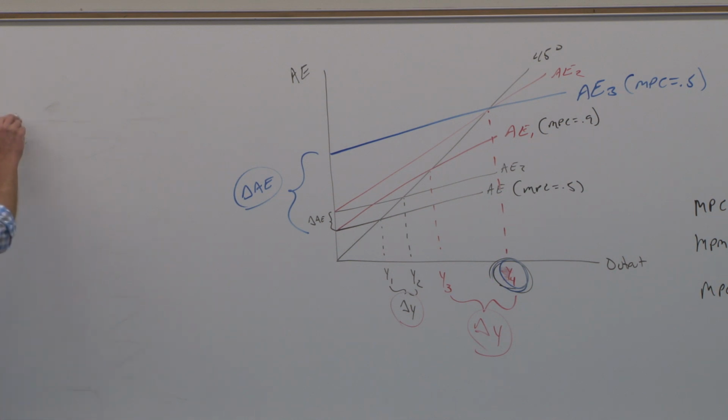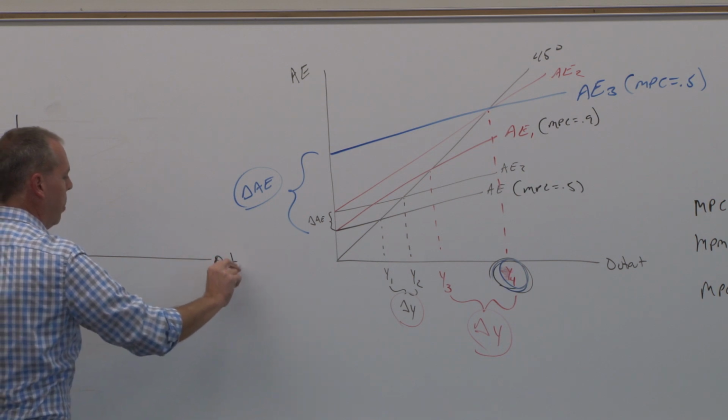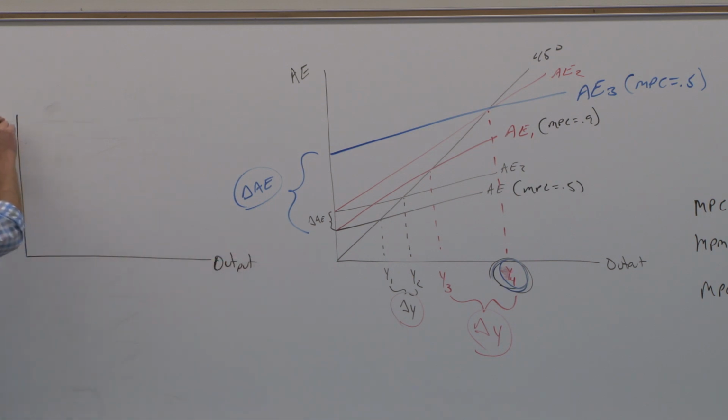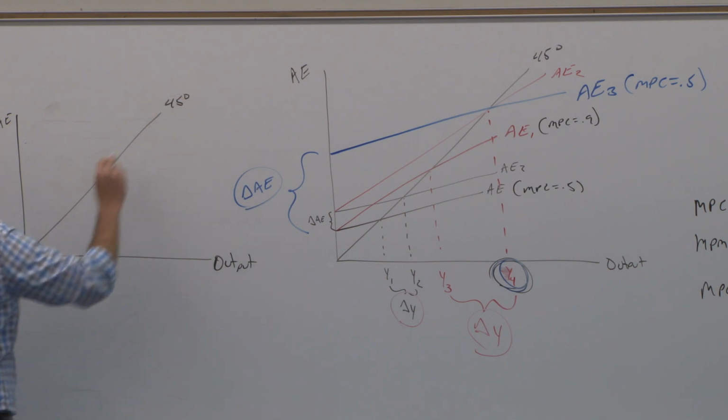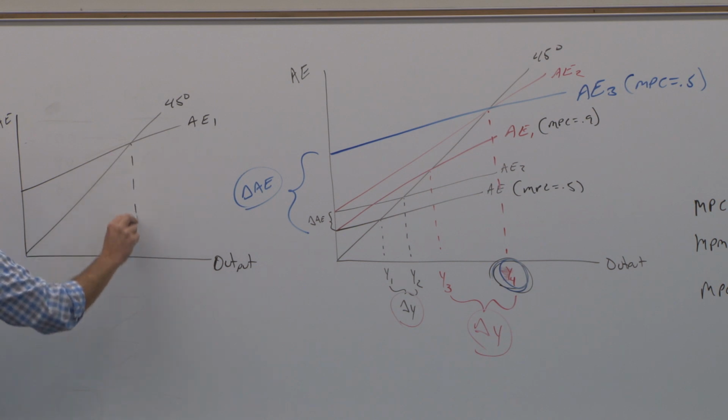So if we're at this point right here, here's our output. Here's our aggregate expenditures. Here's our 45-degree line. If we're here, we're at AE1, we're at Y1, and we want to be at YF, the full employment level of output.